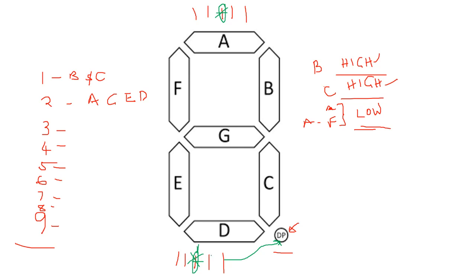Once I've connected this to the ground or the positive, if I touch this pin, it will light. If I touch this, it is C. So this is responsible for C. That is how it goes.